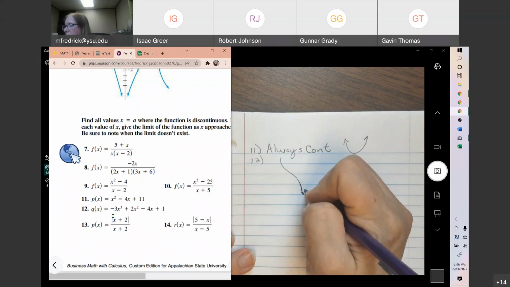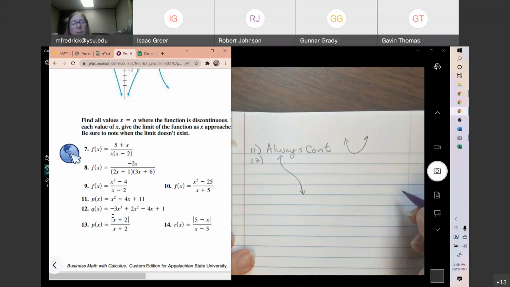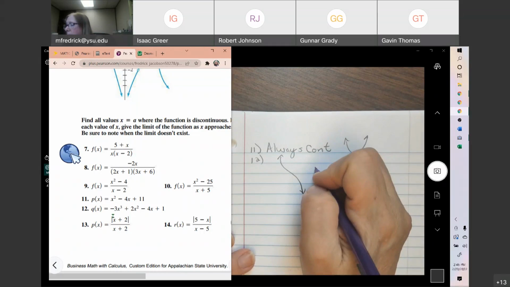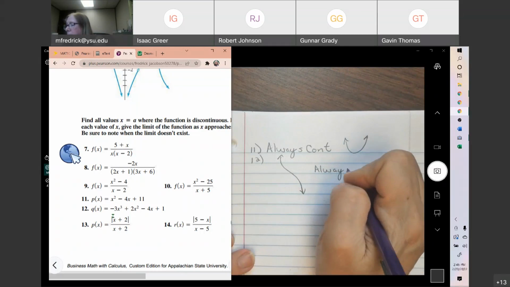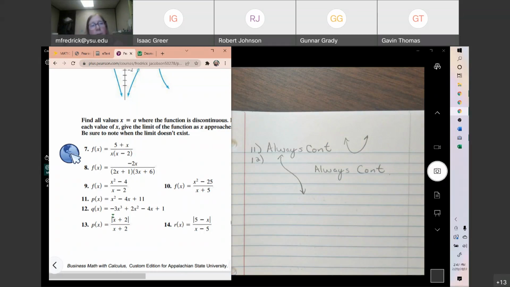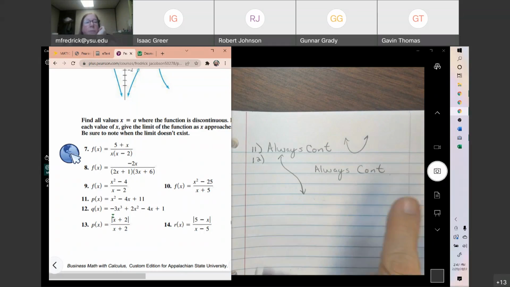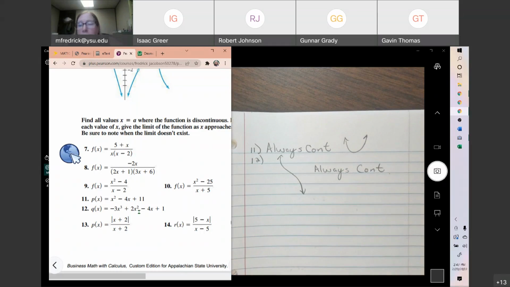So it looks like this. Always continuous. So there's no values where it's discontinuous. Then you wouldn't go any further in this one because it always exists. Any questions on that?